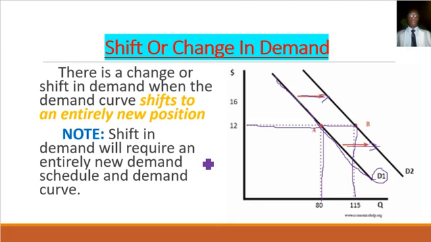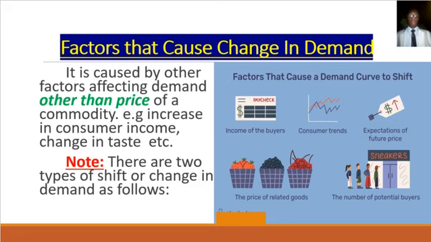The question now is: what are the factors that could lead to this change in demand? If it's not price, what are those factors? In this slide, we're looking at factors that cause change in demand. Any factor that affects demand, which we discussed in part 1 of this video, you can find in my YouTube channel. You can watch it and learn about factors that affect demand.